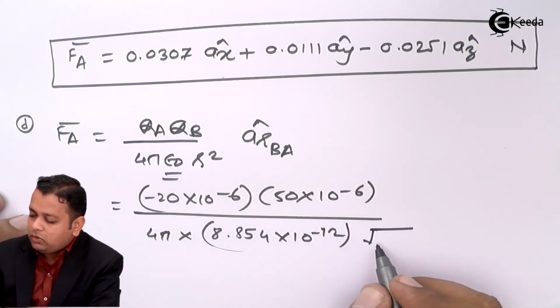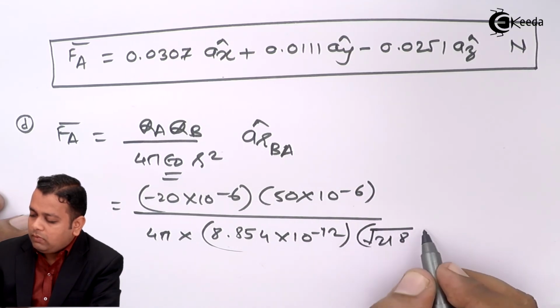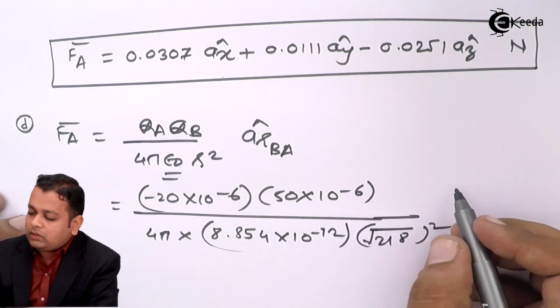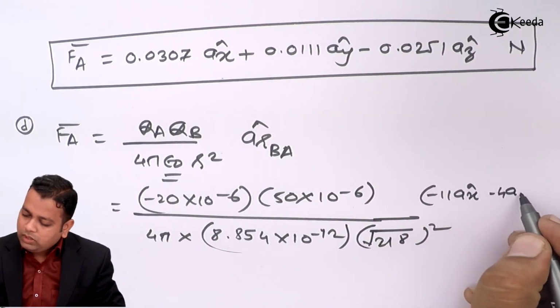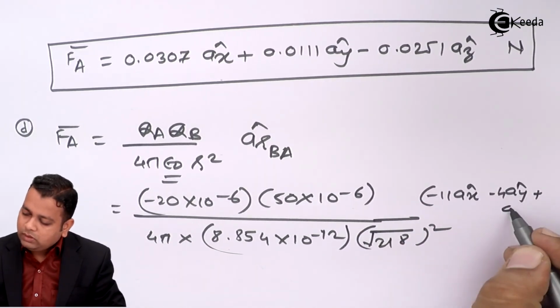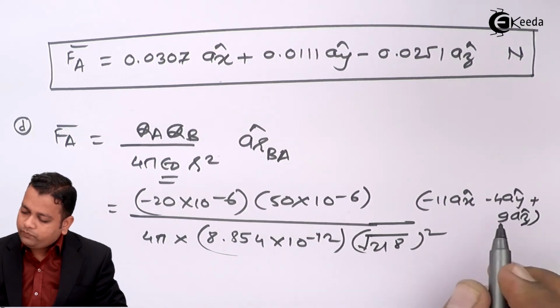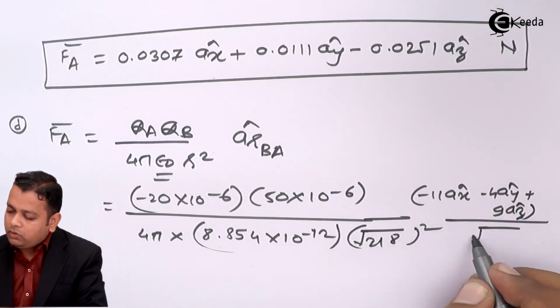R square is under root 218 bracket square. The unit vector is same, minus 11 AX cap minus 4 AY cap plus 9 AZ cap upon under root 218.